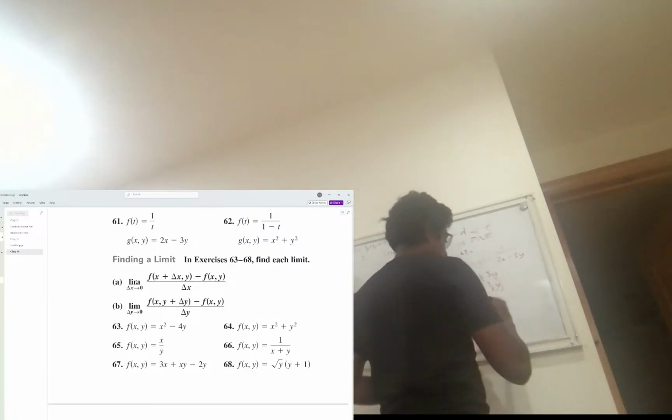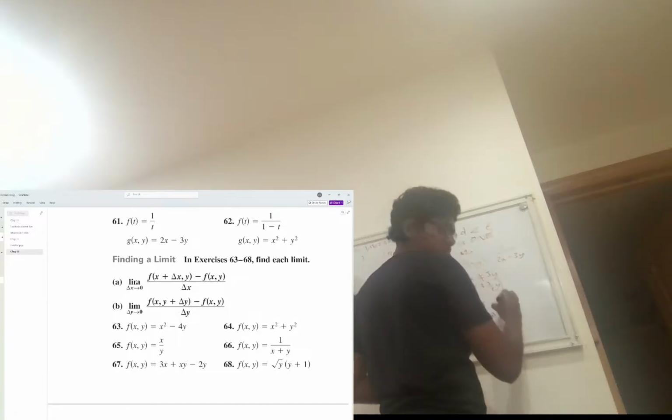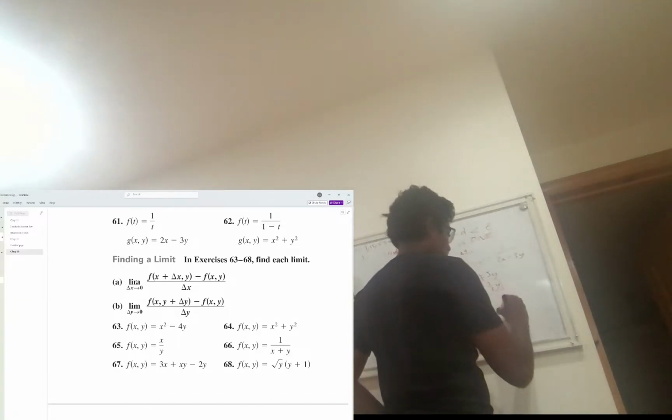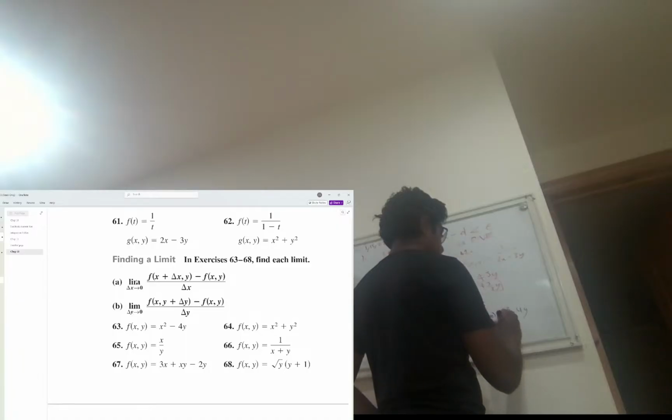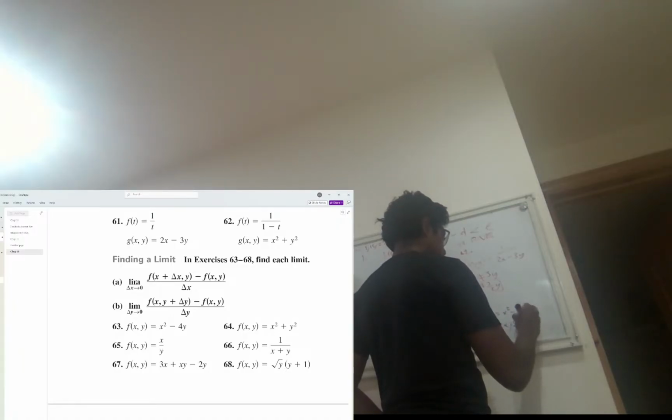Let's just take the partial. So f of x, y equals x squared minus 4y. So the partial with respect to x is going to be equal to 2x, and the partial with respect to y is going to be negative 4.